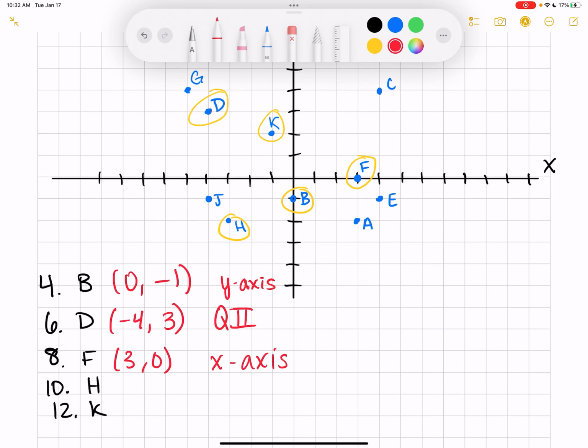And then, let's see, H. Is where? 3, -2. Or do you want the quadrant? No, what was the point again? 3, -2. -2 is right.